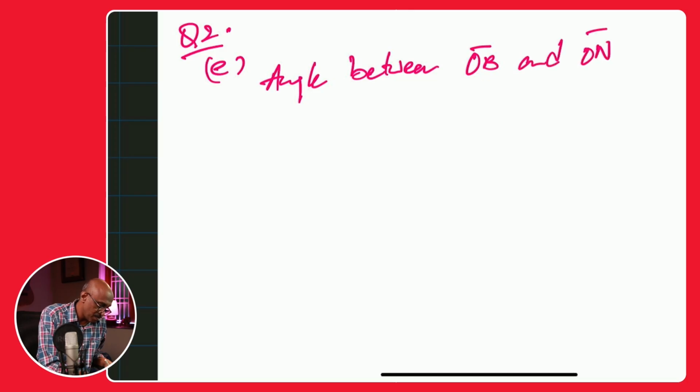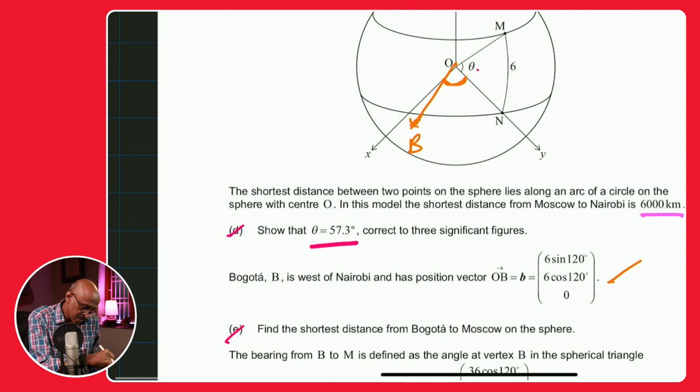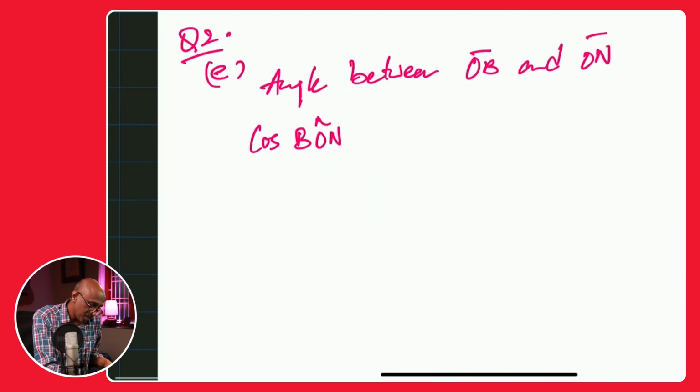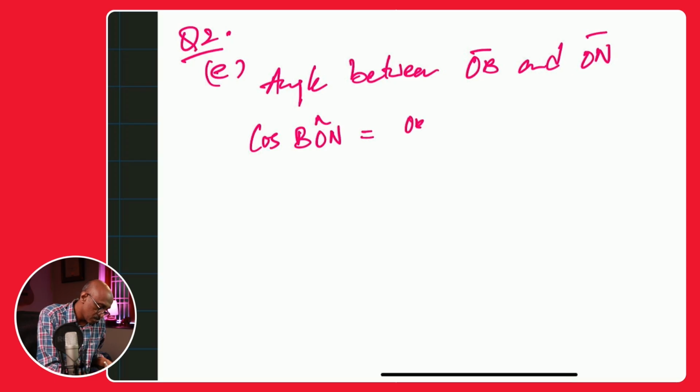That's the first thing we want to find out. And so we can say cos of BON, that's how it has to be labeled. Same kind of formula that we did earlier on. So this is going to be equal to OB bar dot ON bar divided by the magnitude.